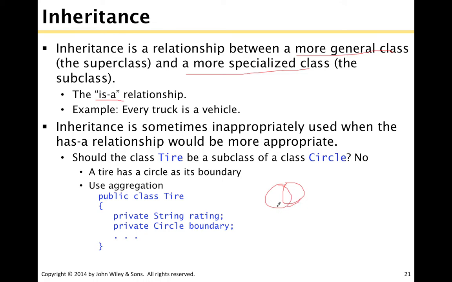If you view a tire as a special case of a circle with additional information, then it becomes a more specialized class. So it could be inheritance, like a tire is a subclass of a circle. But if you view it differently, that a tire has a circle as a boundary, then we have an aggregation relationship. So depending on the context, we could use either way.